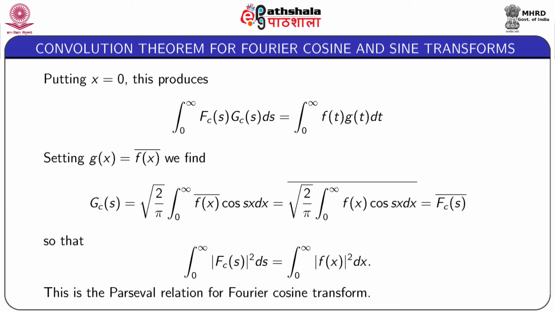Using these results, we get integral 0 to infinity mod FCS square ds is equal to integral 0 to infinity mod of small f(x) square dx. This is the Parseval relation for the Fourier cosine transform.